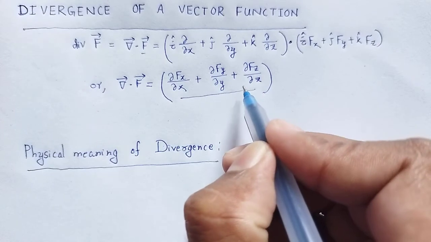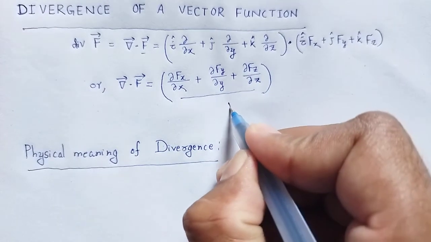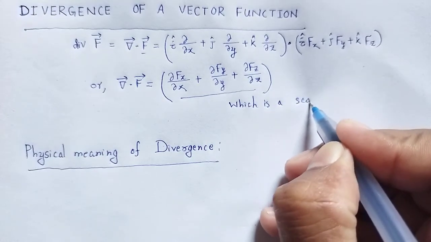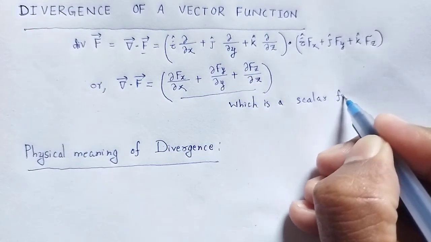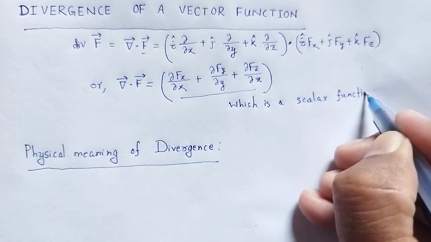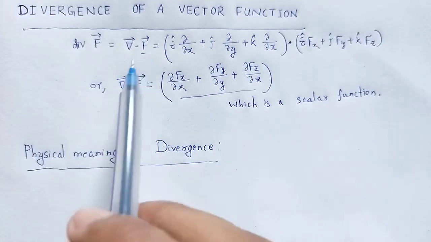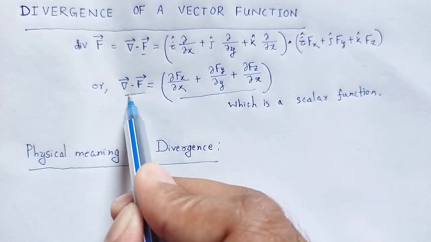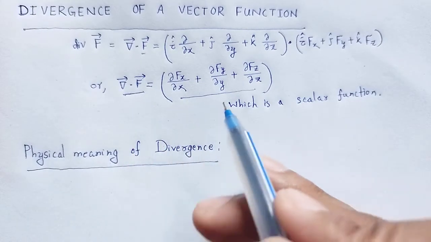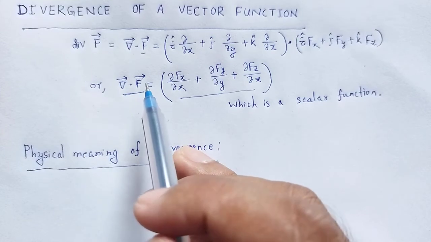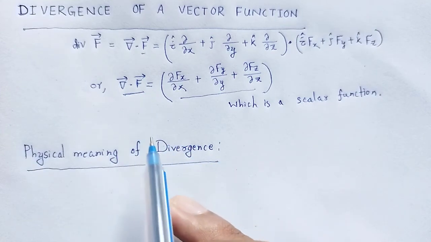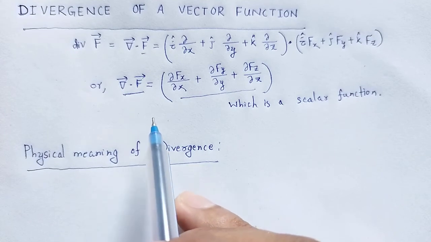There will be no such term related to vector. Now we write the divergence of a vector function, that is grad dot f, as the divergence of the vector function f.